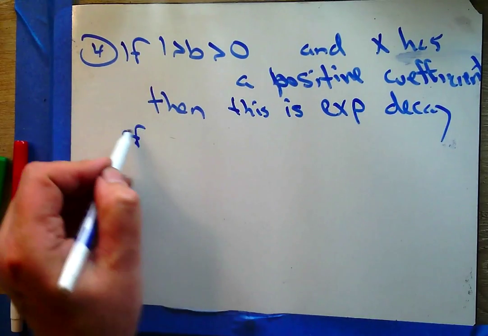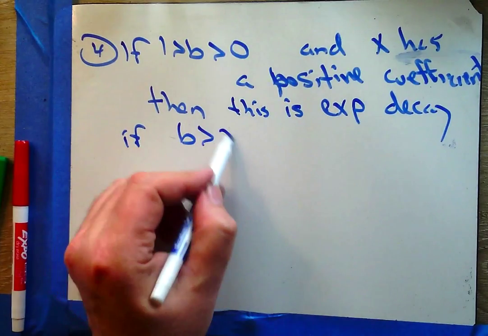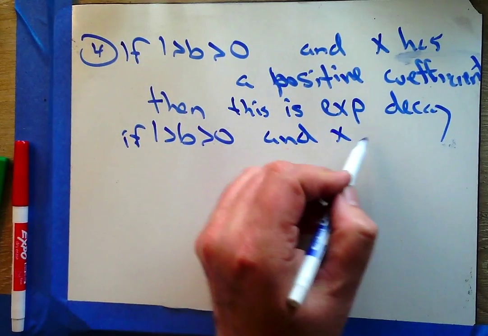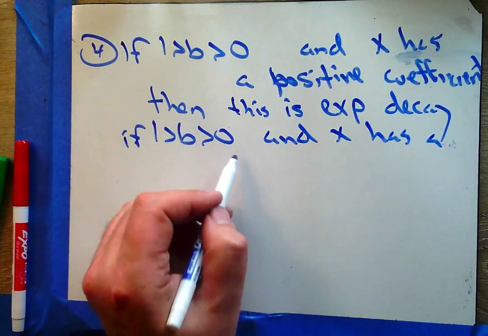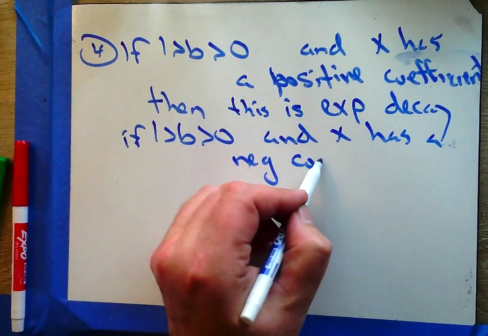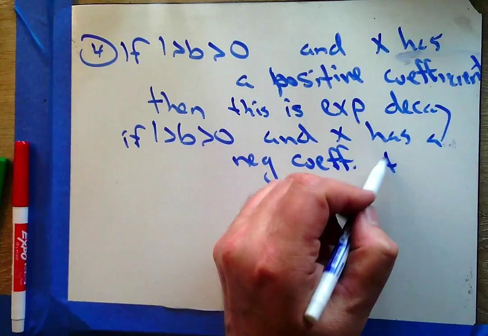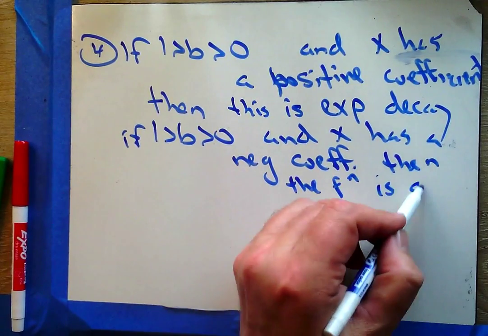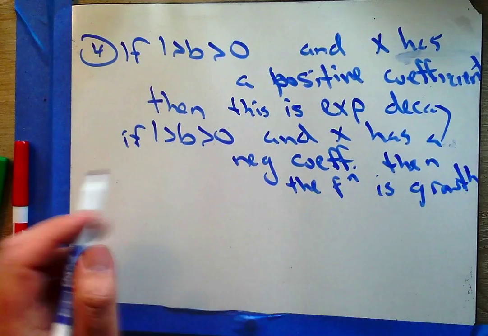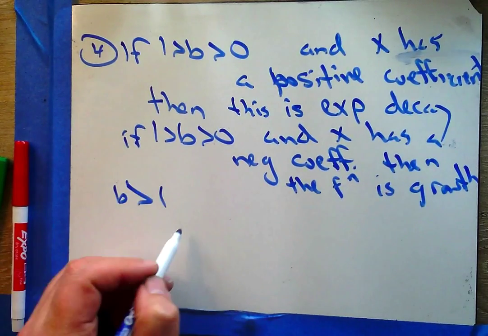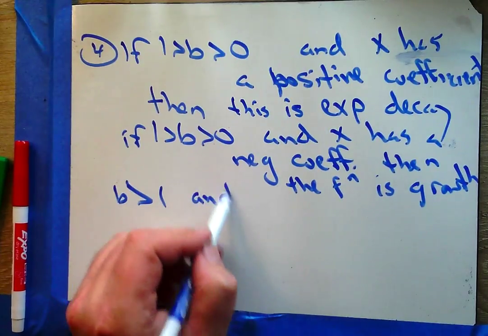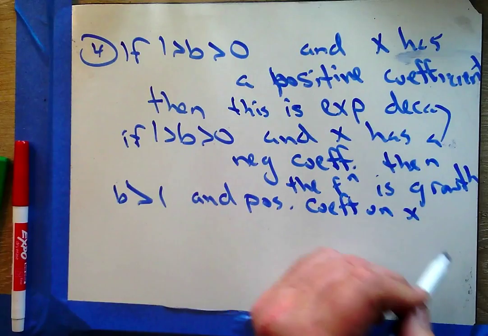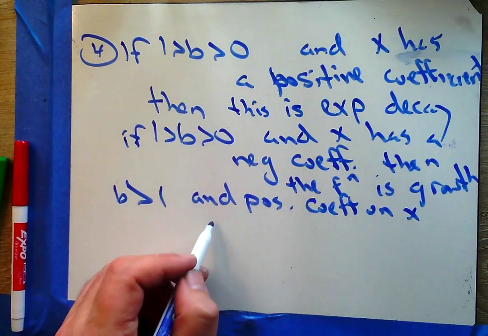And if b is between 0 and 1 and x has a negative coefficient, then the function is growth. But if b is greater than 1 and we have a positive coefficient on x, we have growth.